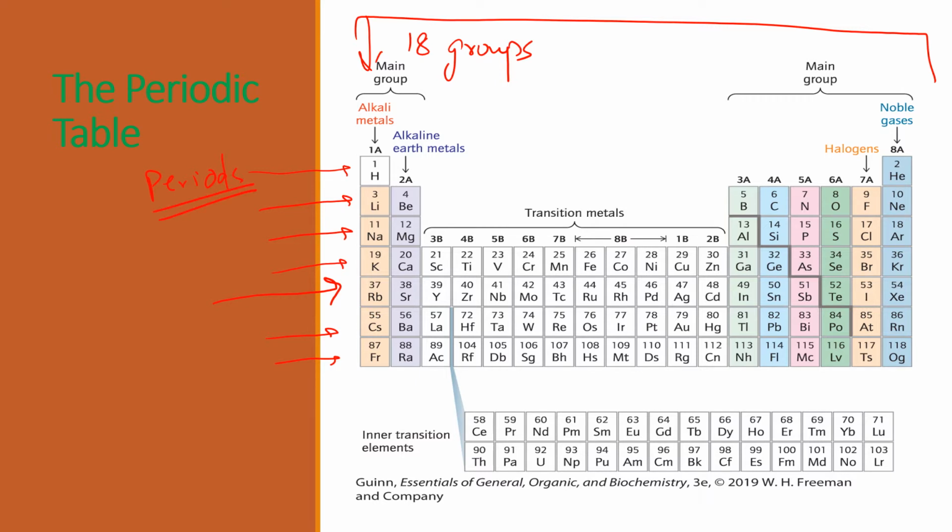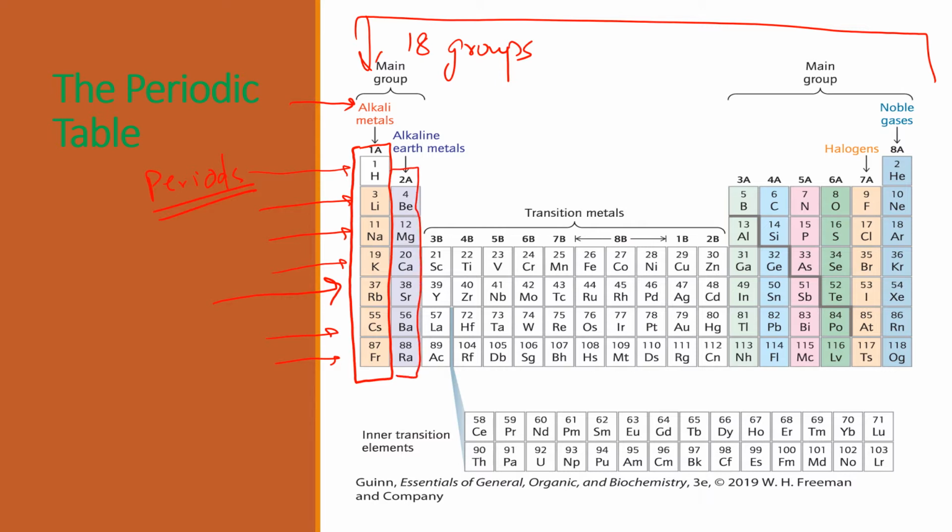Elements that appear within the same column on the periodic table are known as a group or family of elements. For example, this entire list of elements which appear in the first column are known as alkali metals. So this is one group of elements. Similarly, the second group right next to it is the 2A group.